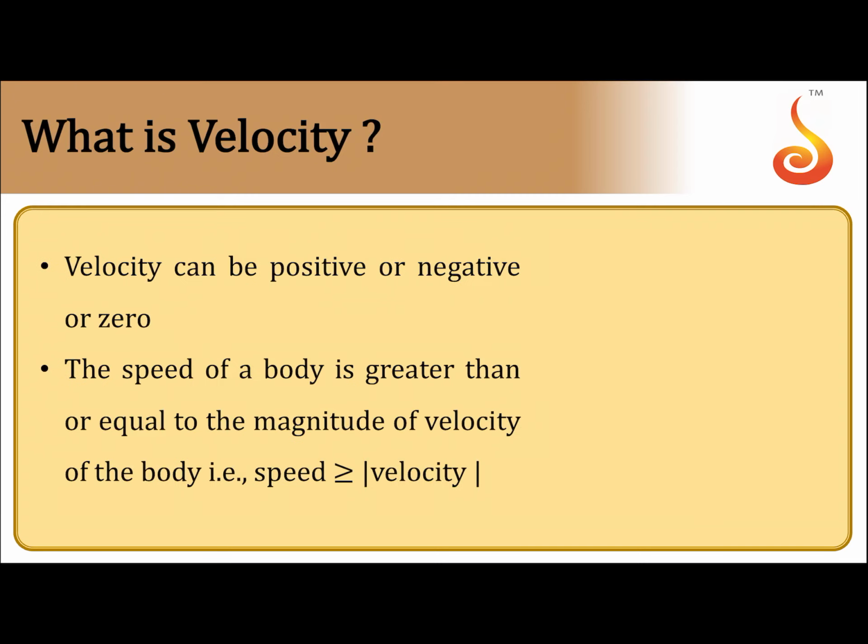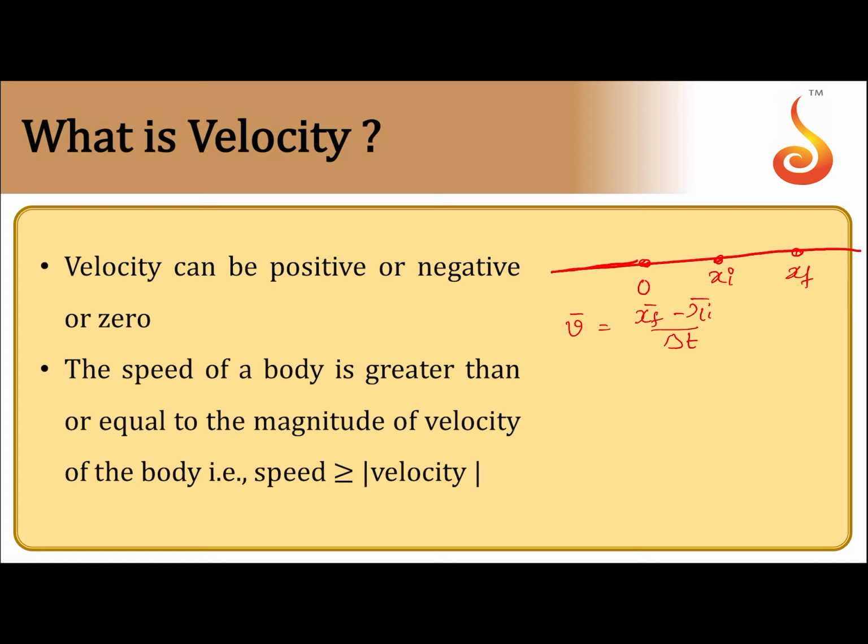Now, the question is, can the velocity be positive or negative or 0? Let us try to understand. To understand it, let us consider the axis here. Now, this is x axis and this is the origin, and assume that the initial position is here, final position is here. Now, we have already seen that velocity is given by xf minus xi divided by delta t.